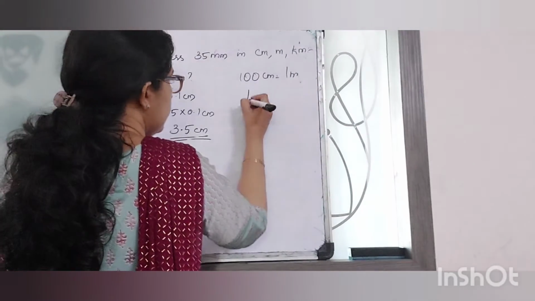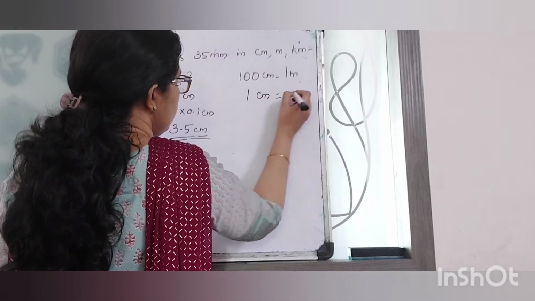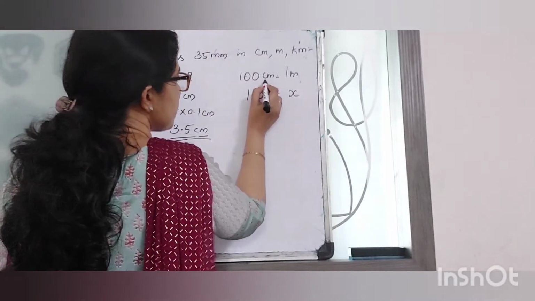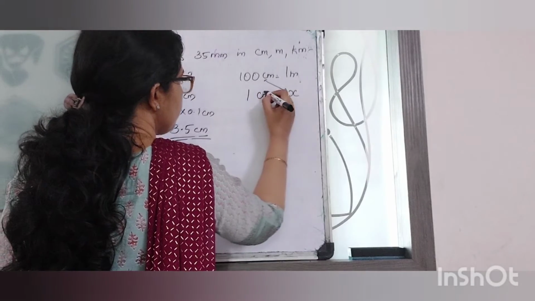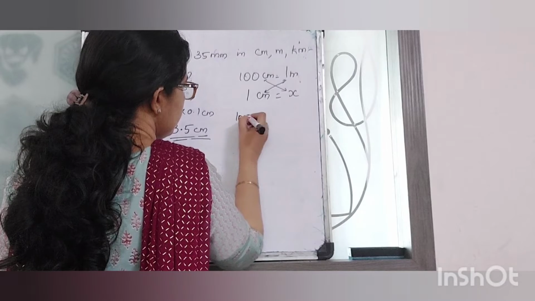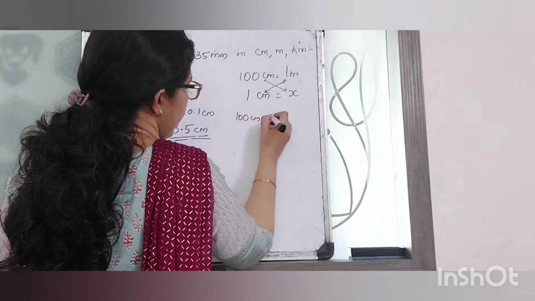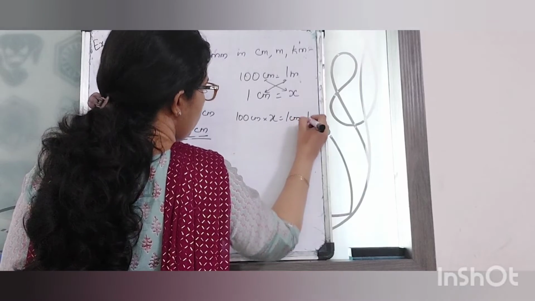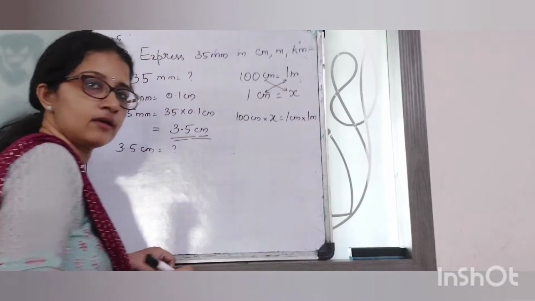So 1 centimeter is equal to, let's take it as x. Now if we cross multiply these two, 100 centimeter into x is equal to 1 centimeter into 1 meter.